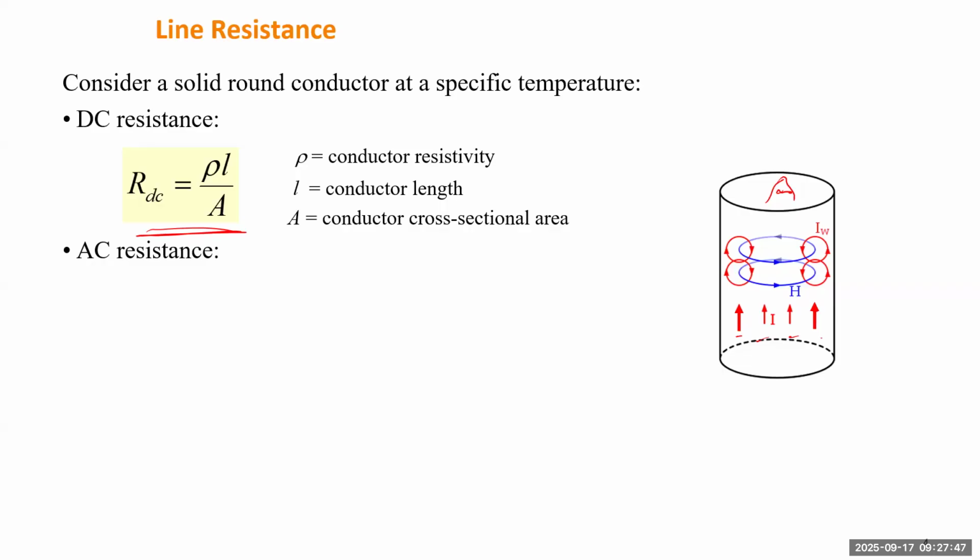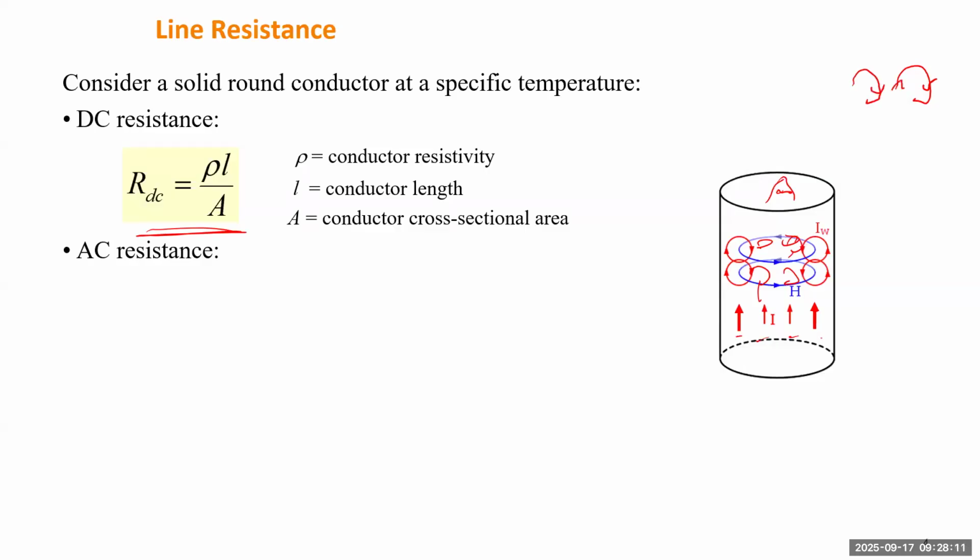And the magnetic field H is also alternating, so that will create eddy currents. So you have a lot of eddy current everywhere inside the conductor. And the eddy currents inside the conductor tend to cancel each other, because if you have one eddy current, you will have another eddy current the other way.